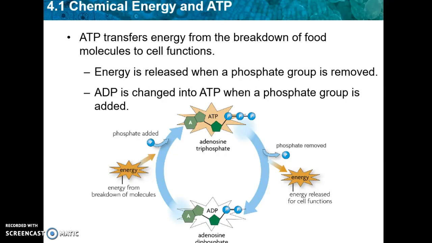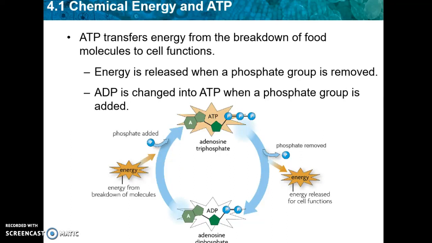So energy is released when a phosphate group is removed. It's triphosphate, so it has 3 phosphates. When one of these phosphates is removed, the energy is released during that event. And ADP, which is diphosphate, is changed into triphosphate when a phosphate group is added.